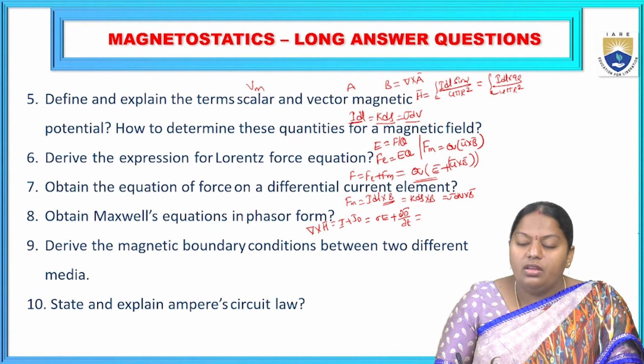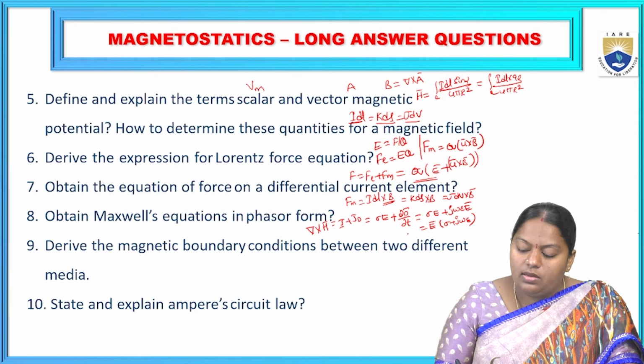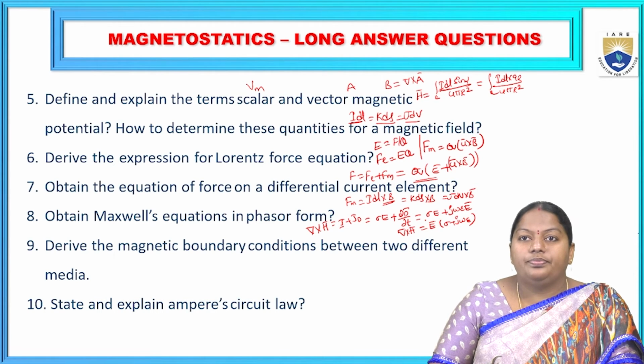For time varying fields, dou by dou t is replaced by j omega, hence it is written as sigma into E plus j omega epsilon into E bar. Now if you take E as common, then sigma plus j omega epsilon gives the equation for del cross H bar.